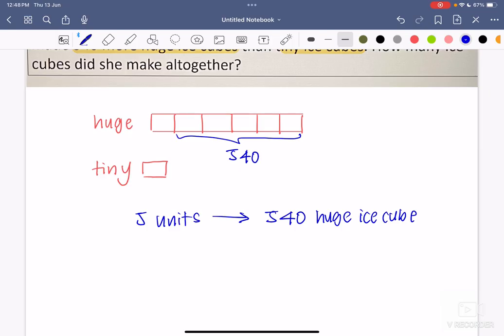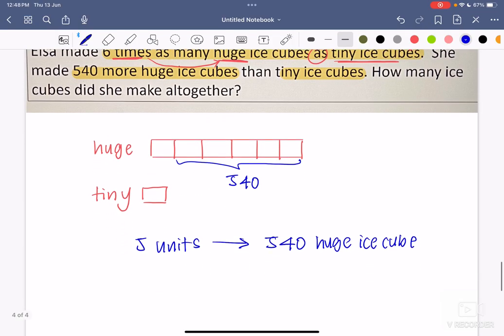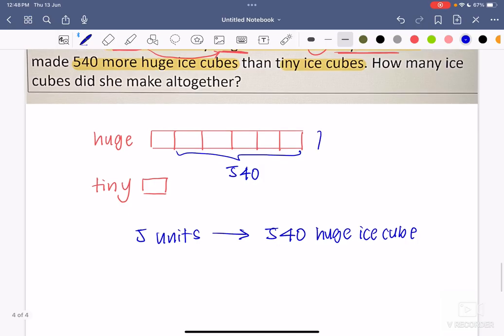Now she wants to find out how many she made all together, meaning both the huge plus the tiny.